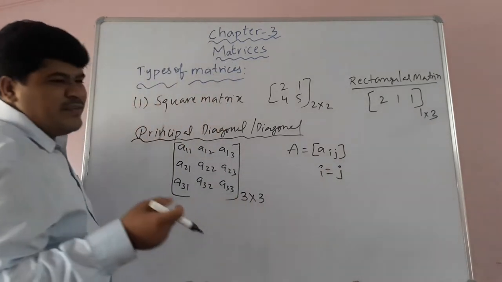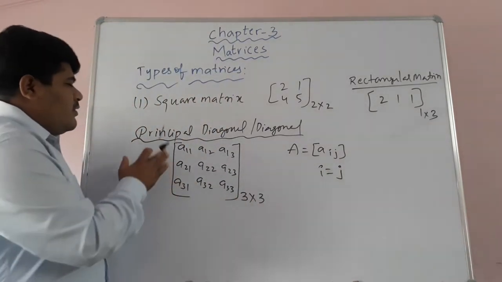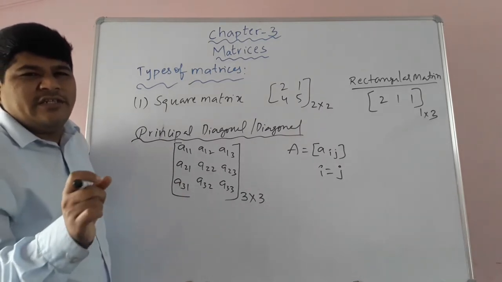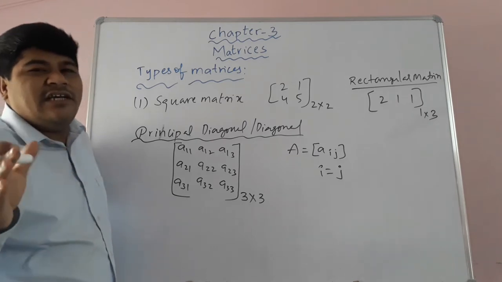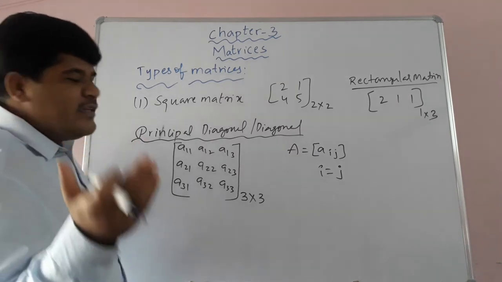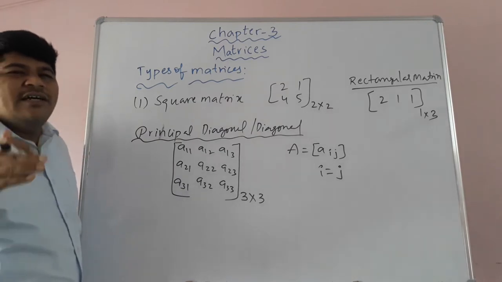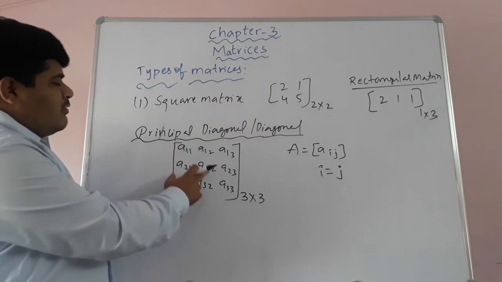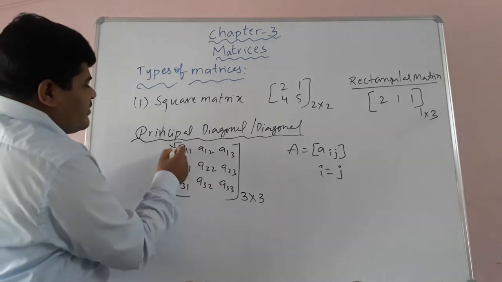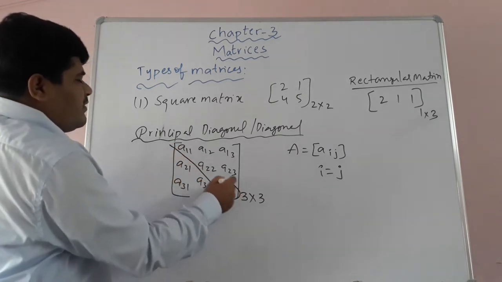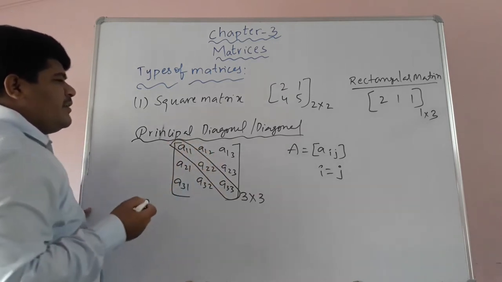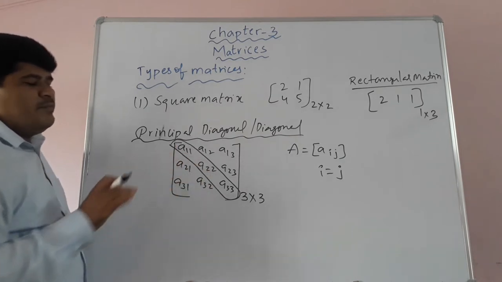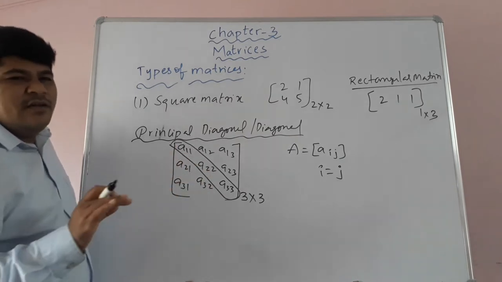Here i means rows, j means columns. If row and column are both equal: 1 1, 2 2, 3 3. So these elements are called principal diagonal elements, and this is called the principal diagonal.